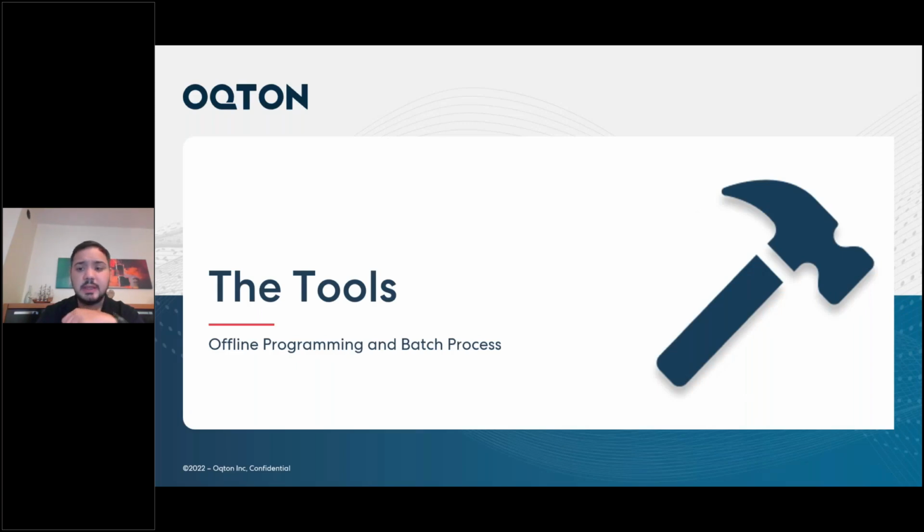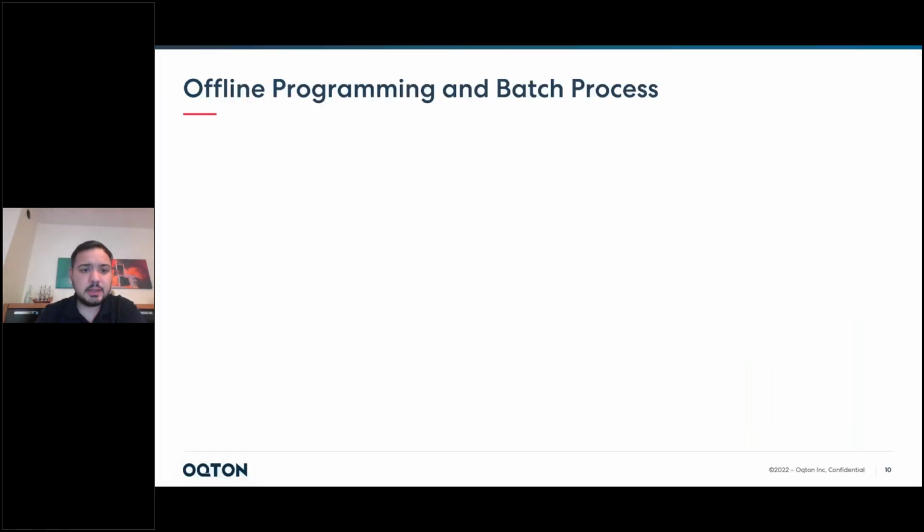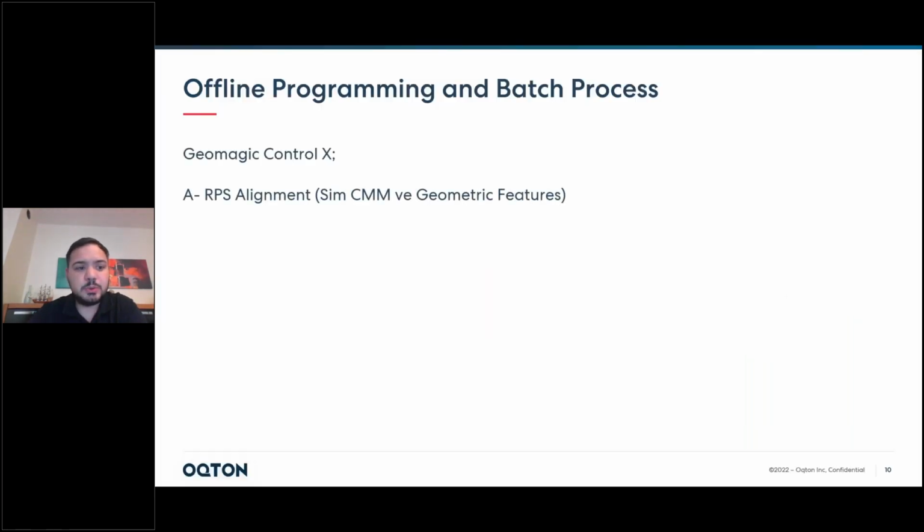But first, I want to show you the workflow of Control X, what we are going to do. First, we're going to do an RPS alignment using CMM points and the geometric features from our program, and of course we take the locations of the points from the technical drawing.